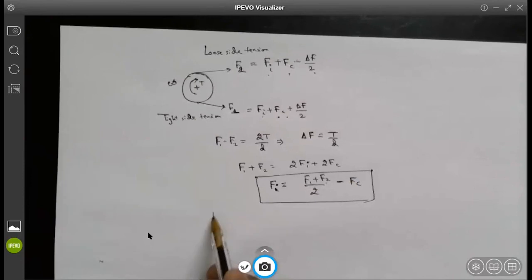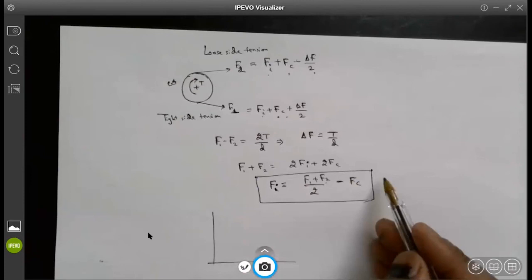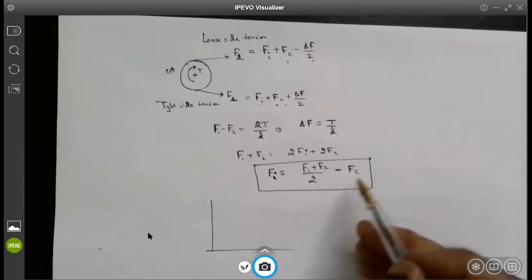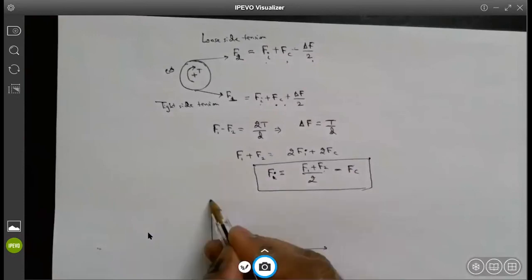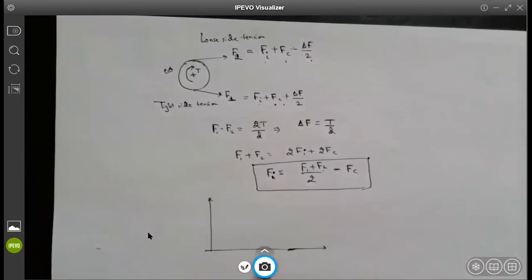So if I further expand that, I will get an expression for initial tension in the belt and the tight side and loose side tension of the belt. So this is your belt tension versus initial tension in the belt.